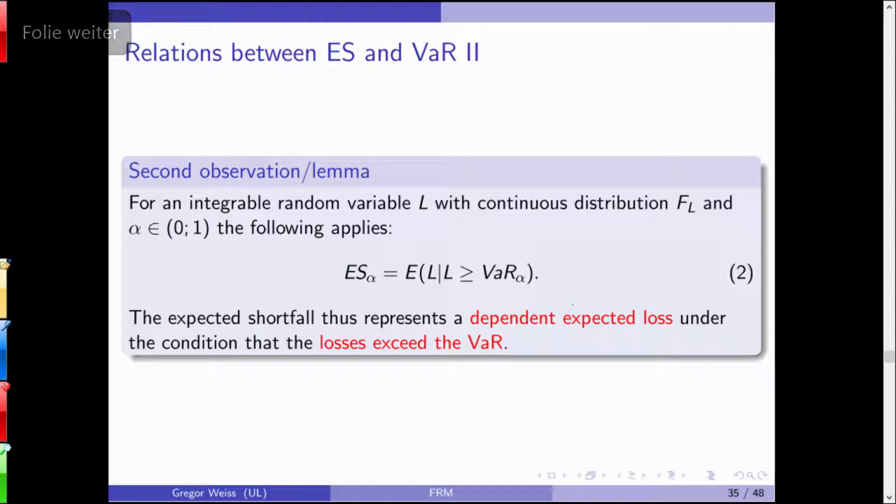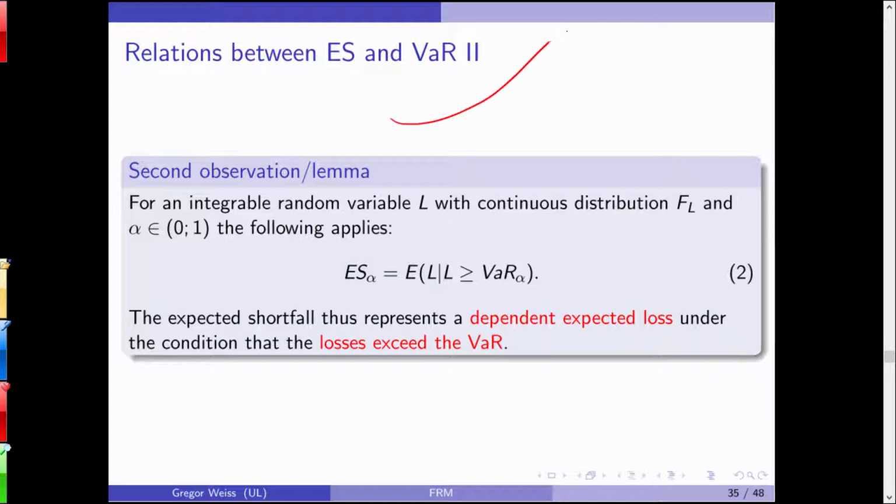Actually, this one is. If L is integrable and has a continuous distribution, we have the following. The expected shortfall is equal to the conditional mean of L, conditional on the losses being larger than the value at risk. What does that mean?